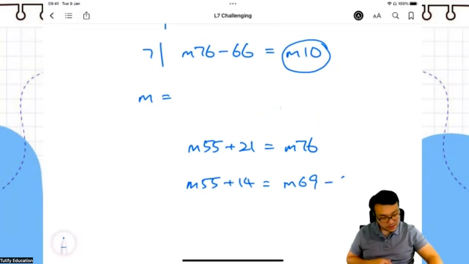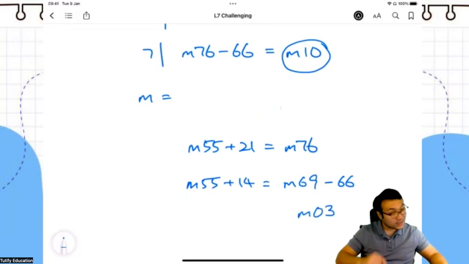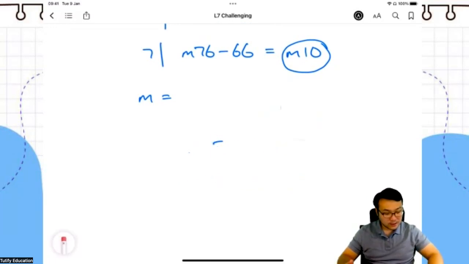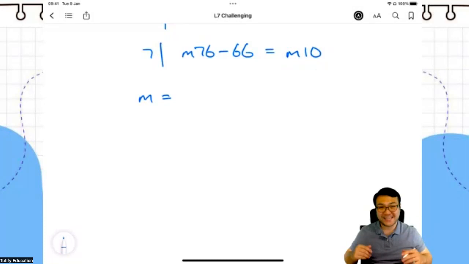Then you minus the 66, you end up with M03. You can. Very good. I just happen to think of 21. You want to add 14, go ahead, as long as you are able to minus your 66. Good question, Janelle.